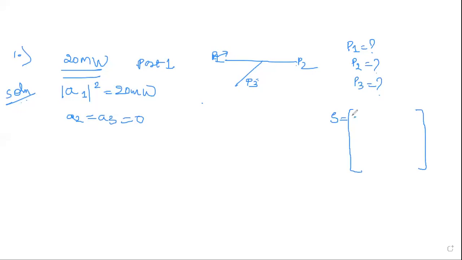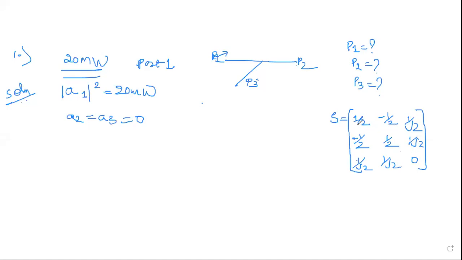What was the S matrix? 1/2, minus 1/2, 1/√2; minus 1/2, 1/2, 1/√2; 1/√2, 1/√2, 0. Okay, good. So this is the S matrix of your H plane.